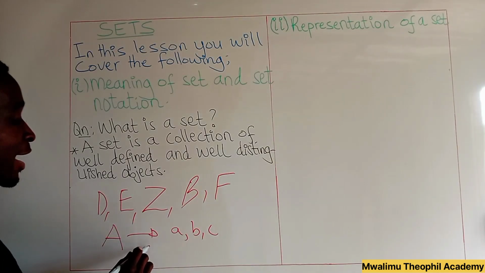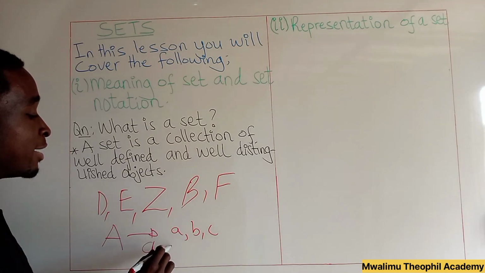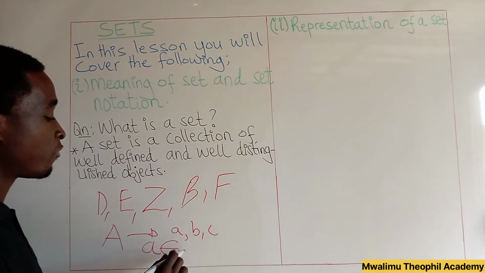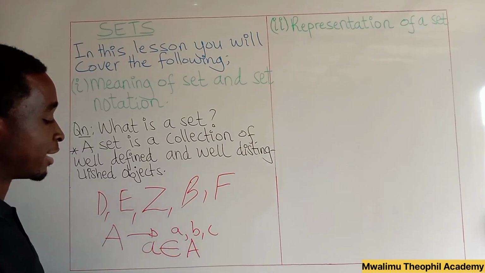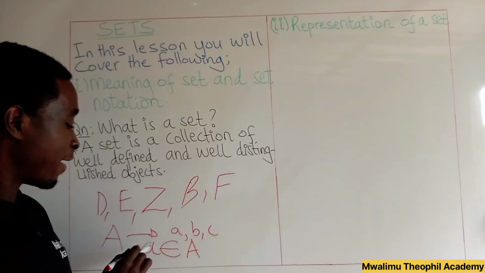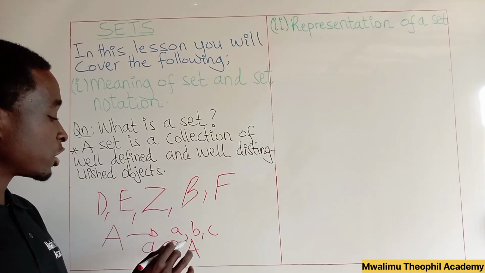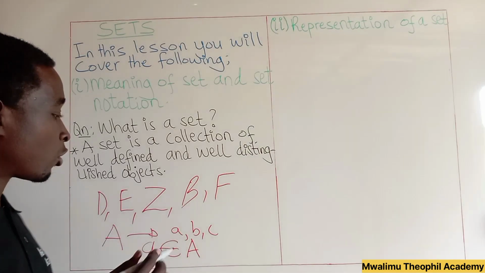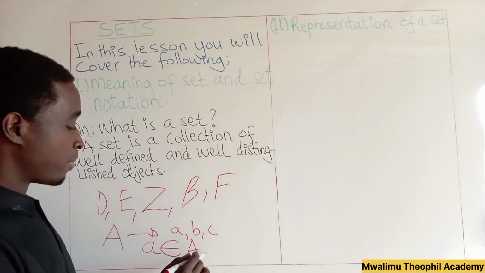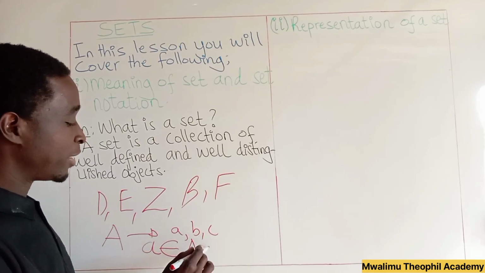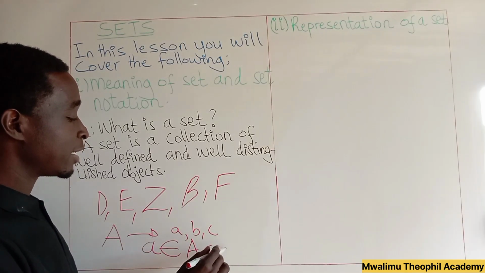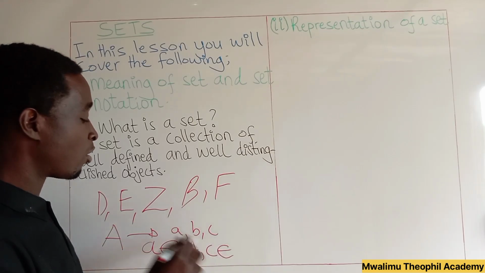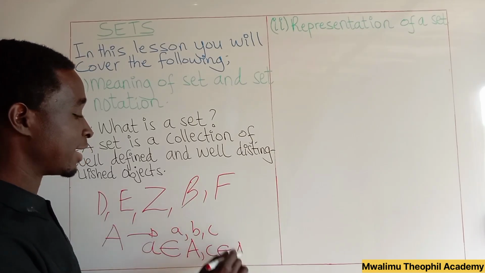We write that a is a member of set A. As you see, this means that element a is found in set A. Or we may write element c is a member of set A.